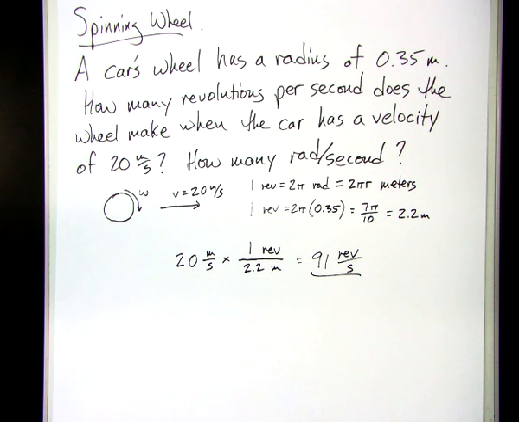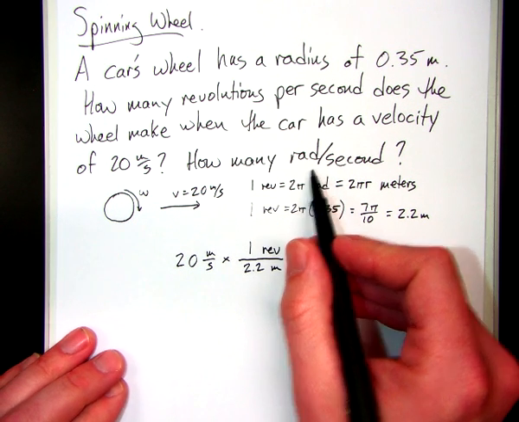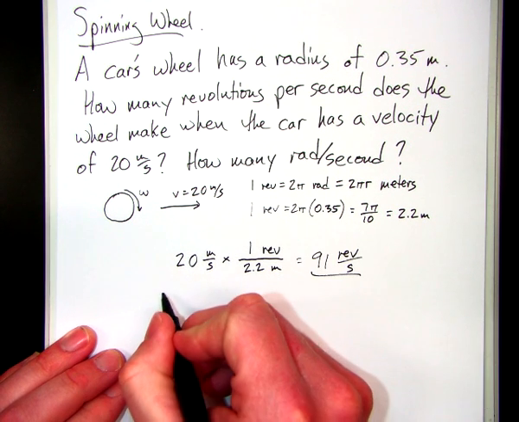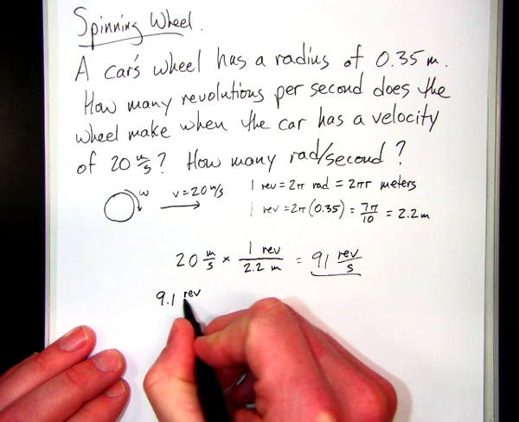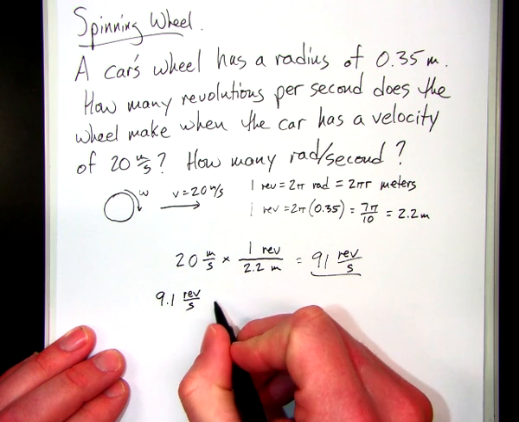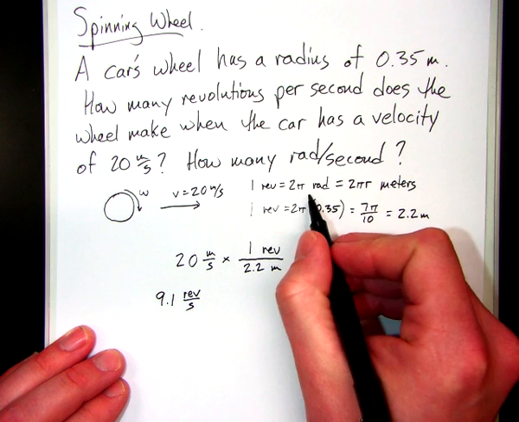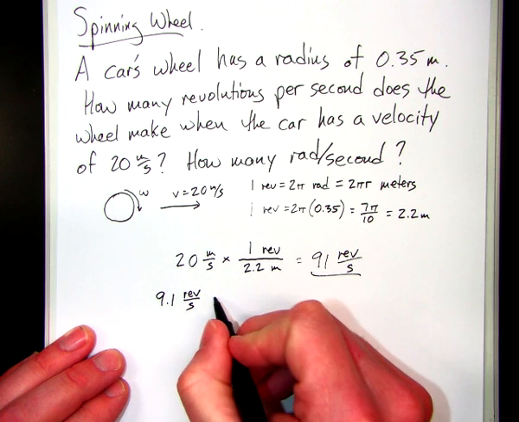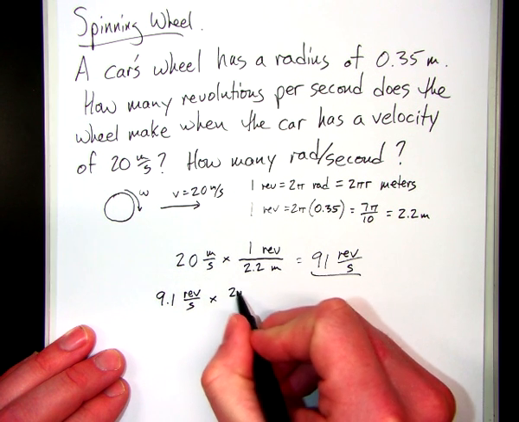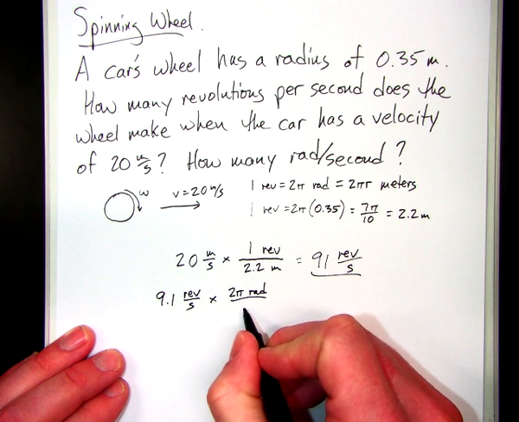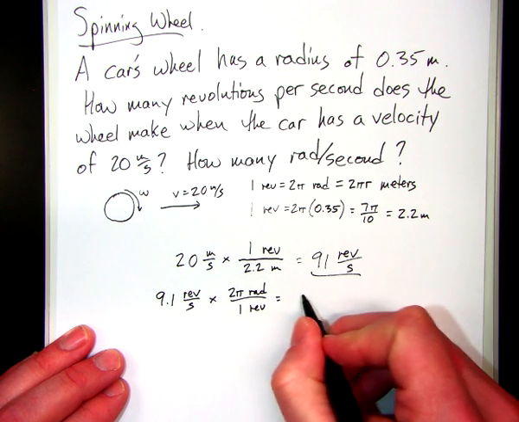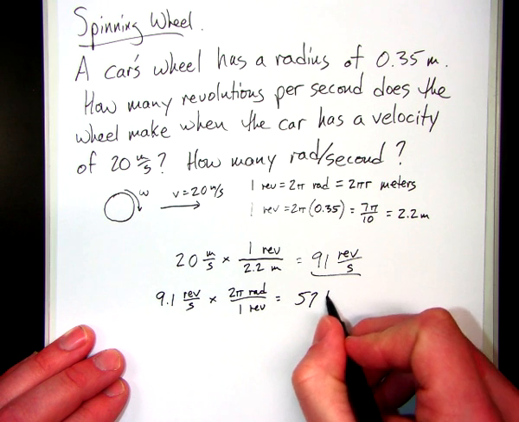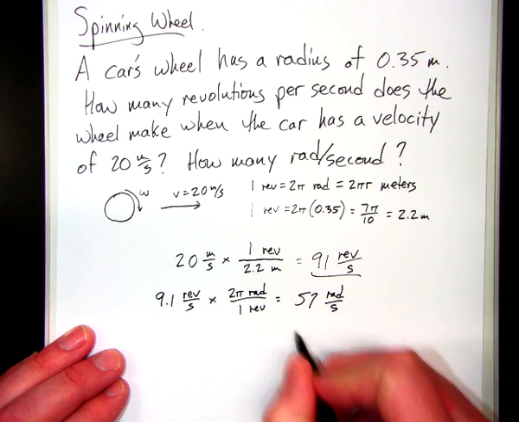I'm going to show you a second way to do that, by the way, but first let's find this second answer. How many radians per second is that? If I have 9.1 revolutions per second, and each revolution is 2 pi radians, then I can say 2 pi radians for every 1 revolution gives me about 57 radians per second.